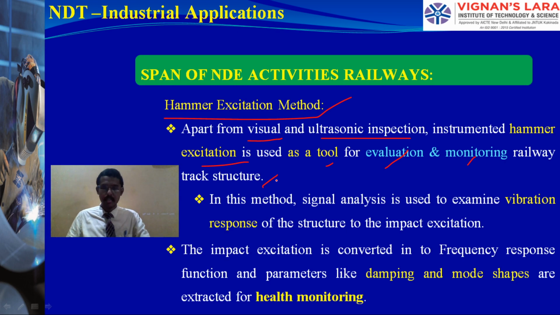In this method, signal analysis is used to examine the vibration responses. We use vibration methods for the structure under impact excitation. The impact excitation is converted into frequency response functions, and parameters like damping and mode shapes are extracted for health monitoring scenarios. So these are the cases we have seen.